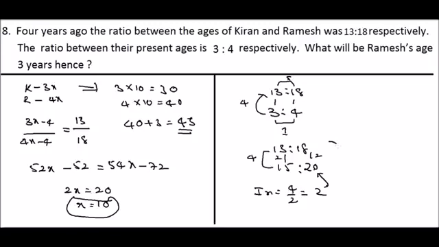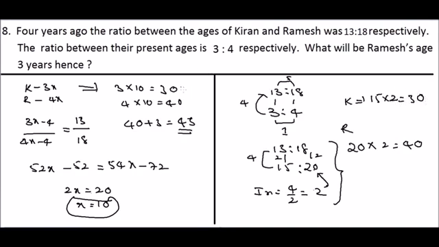This is a slight difference when it is in the minus, the previous years, right? The age of Kiran is to Ramesh is 15 is to 20. Now Ramesh is 20 into the interval 2, that is 40. And Kiran's is 15 into 2, that is 30.